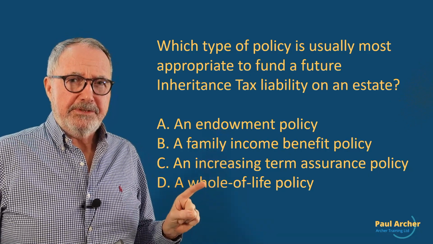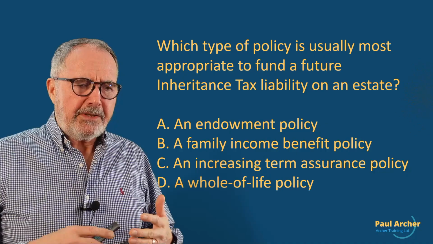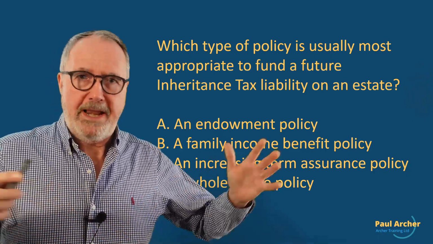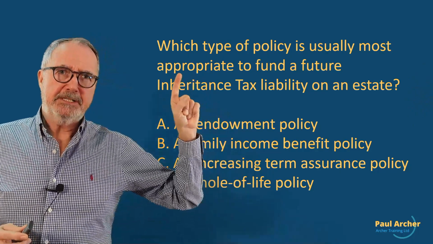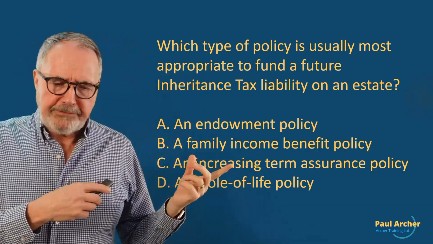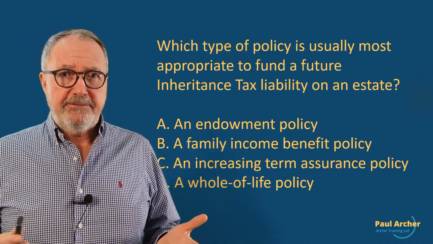Whole of life policy is an interesting one, because that's a pure life cover, sometimes with investment built in, which pays out whenever you die, whenever. Now, when it comes to inheritance tax liability, you can do all sorts of things to try and reduce it, and some of our other questions will go through that with you. But ultimately, you may have to foot a bill.